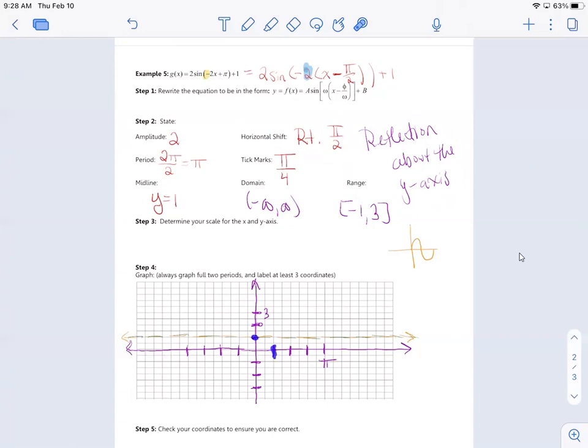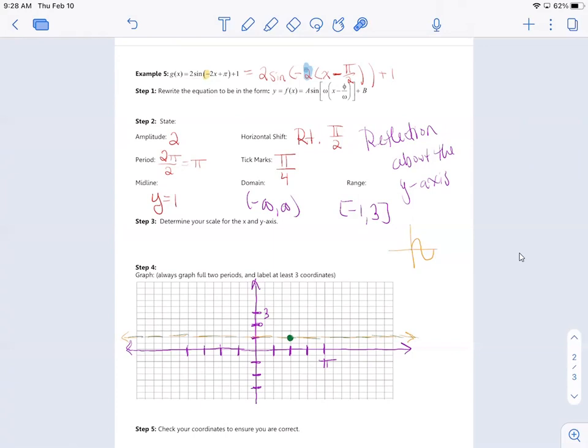Remember, this is pi over 4, so really it goes right there. Now, we know this is where it starts, right? And it ends on the midline as well.